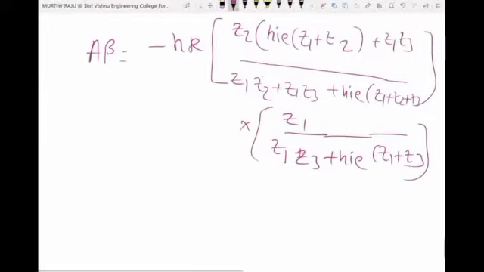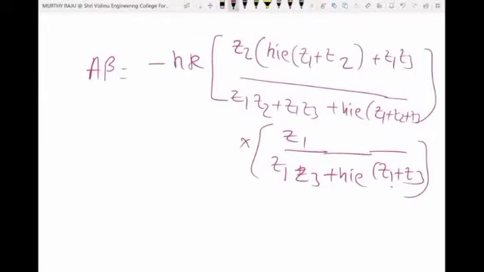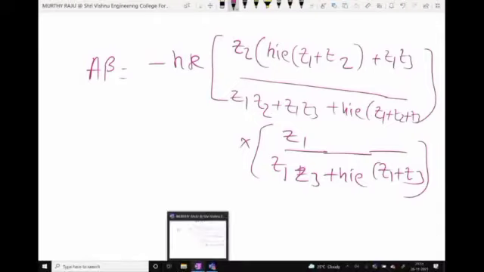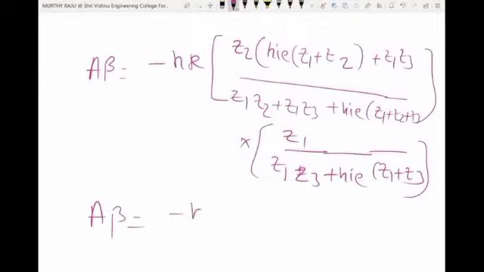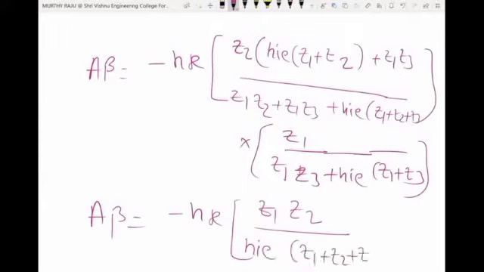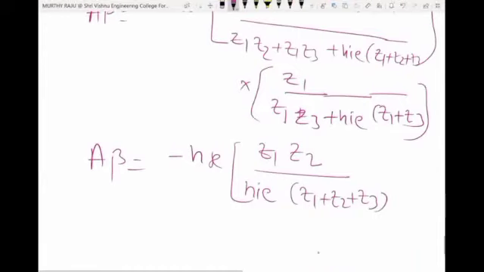Therefore, finally, after simplification, the A beta value is minus HFE Z1 Z2 by HIE Z1 plus Z2 plus Z3 plus Z1 Z2 plus Z1 Z3.